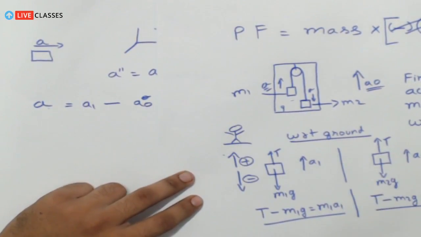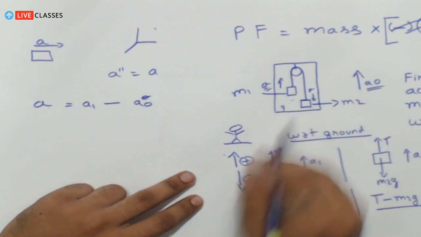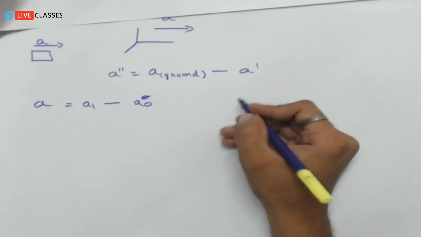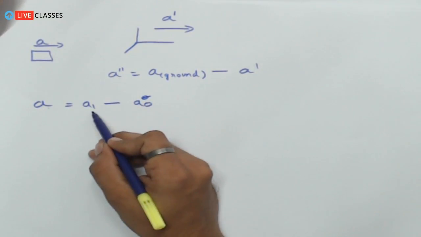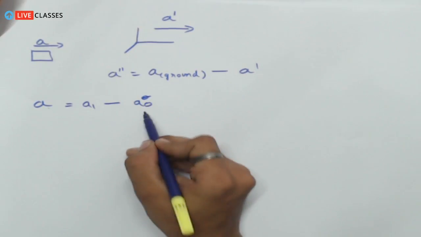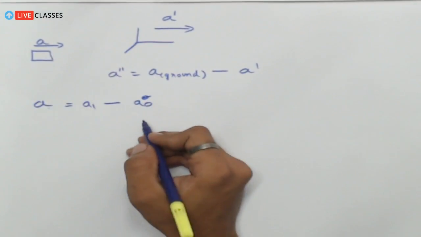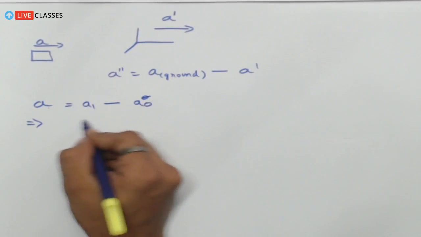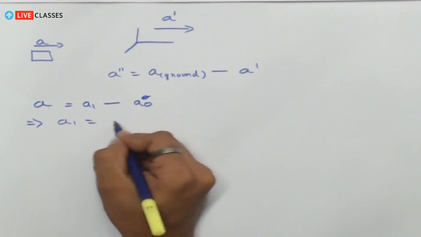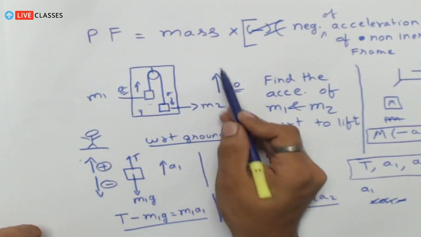We are assuming a is the acceleration with respect to the lift, a1 is the acceleration with respect to ground, and a0 is the acceleration of the lift. If you don't understand, give it a little time and rethink about it, you will come to understand. So a1 equals, as per our sign convention, above is positive.